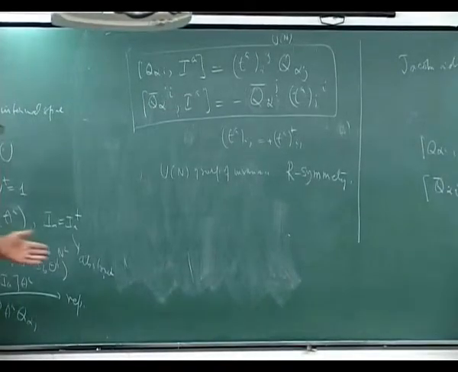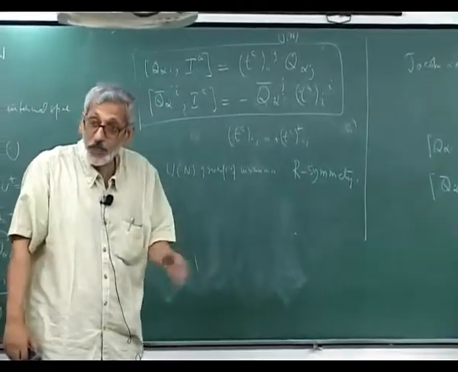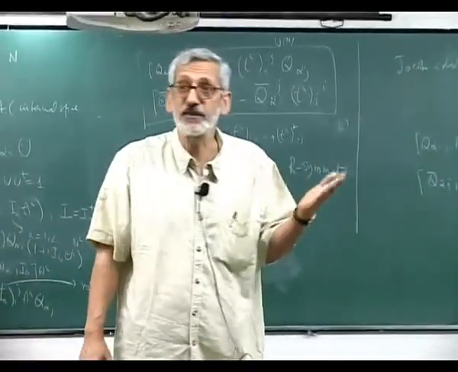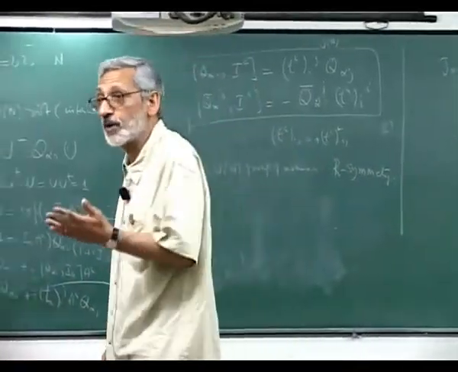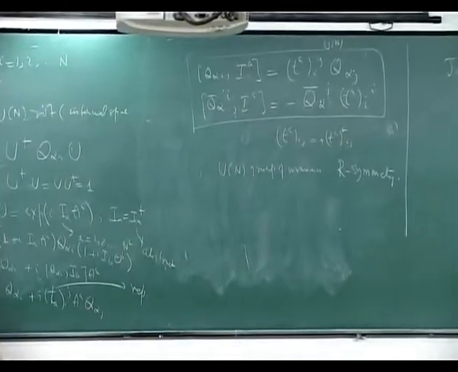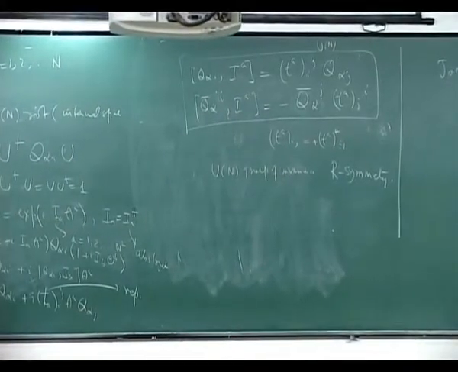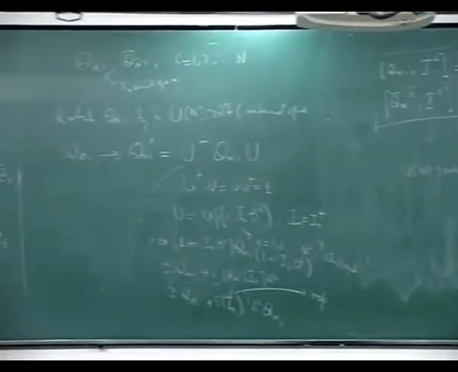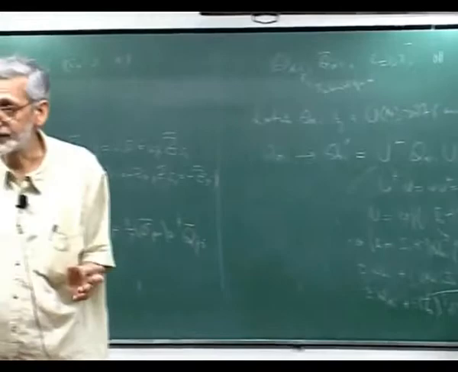You can have a smaller one than that in your theory, for some physical reason, but this is the largest group you can have. This tells you that in such a theory, the largest possible extra internal symmetry of this kind is only U(n).